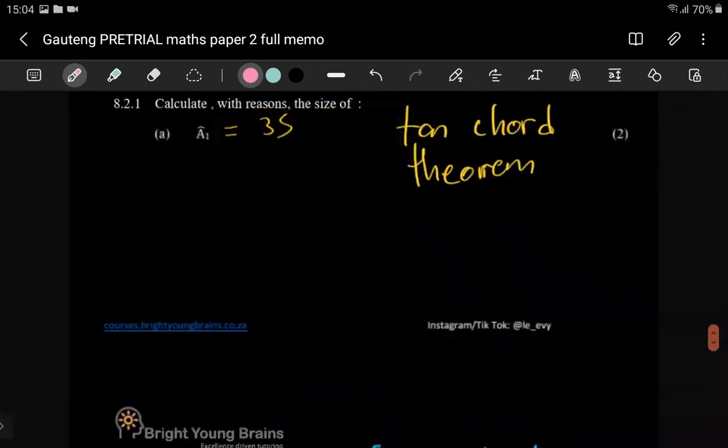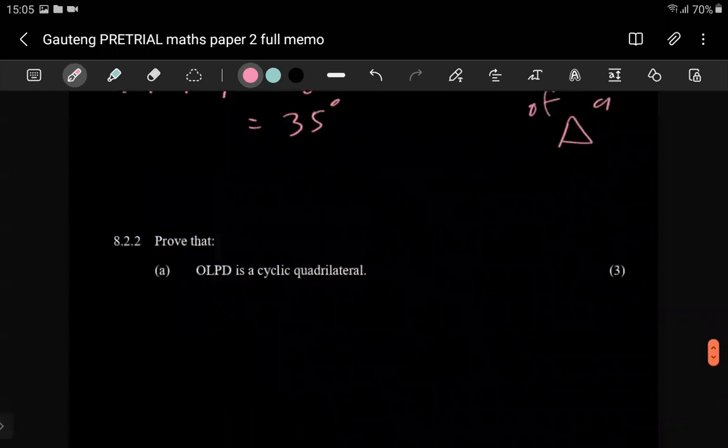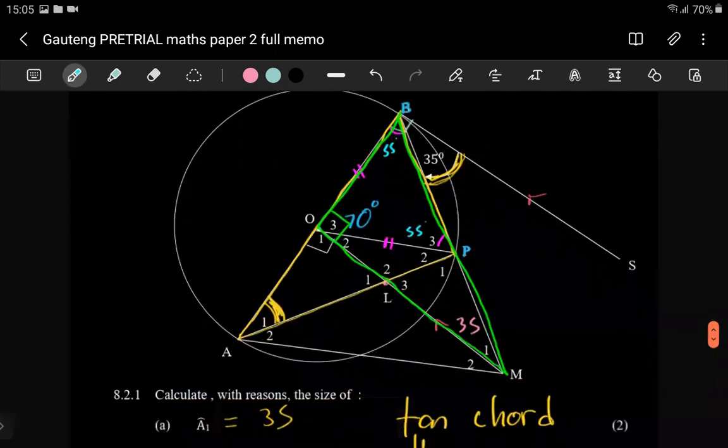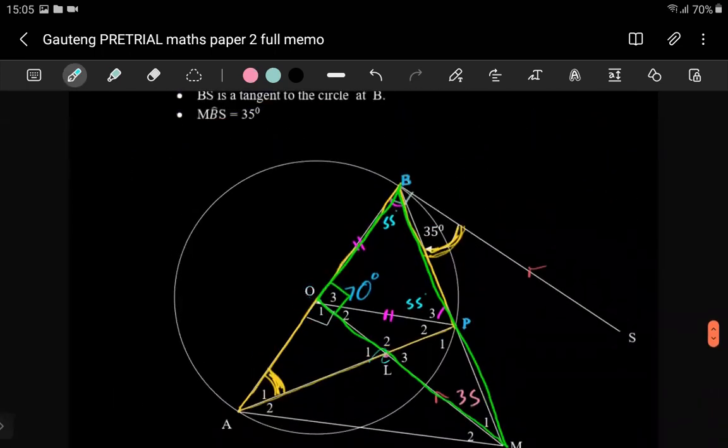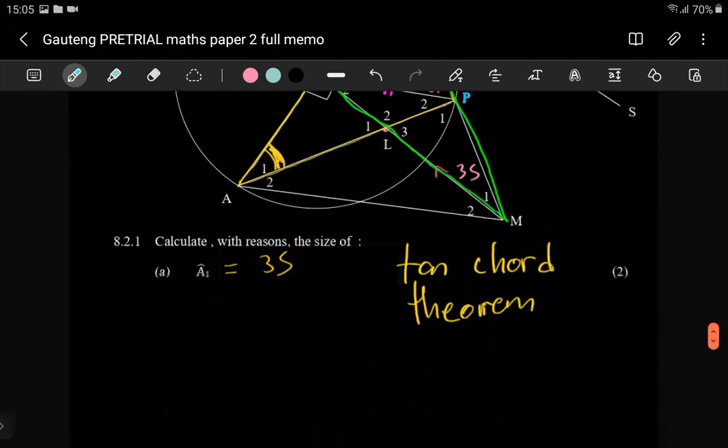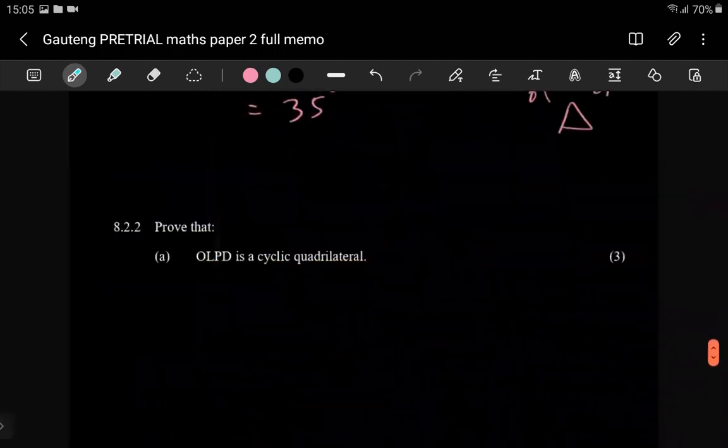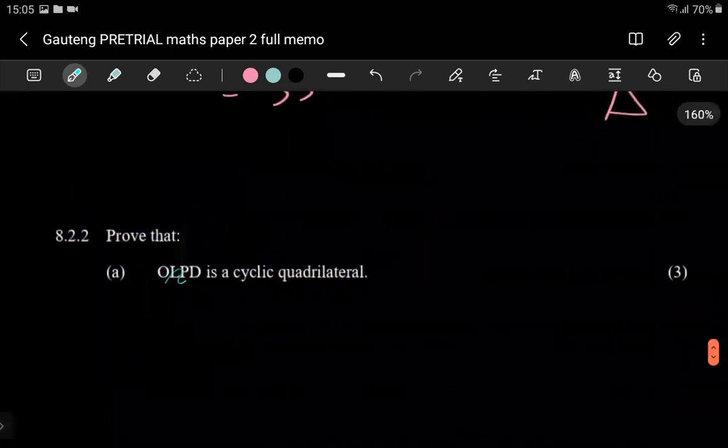So anyways, the next question, they're asking us to prove that OLPD, where is OLPD? OLP, where is D now? I think they meant B, because there's no D there. OLPB. Let me check again.